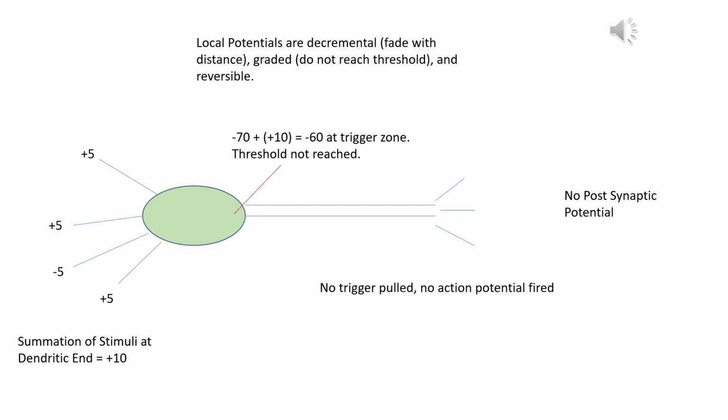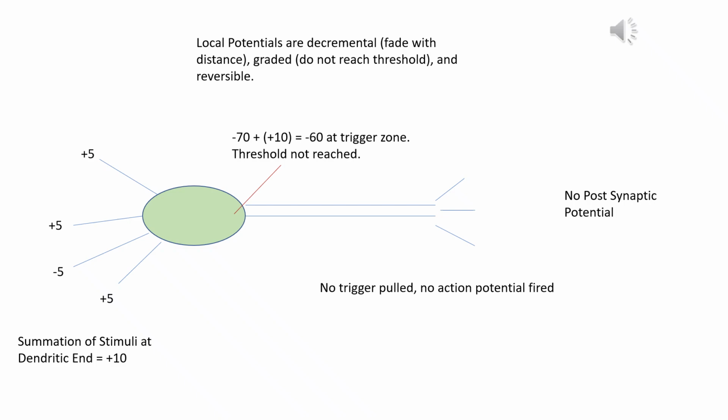But we have to summate, so let's take into account everything that's coming in to the neuron. The first one is a +5. That means sodium channels open, and our change is 5 millivolts from the -70. The next one down there also is a +5, so that brings us to 10 against a -70. The next dendrite is bringing in a hyperpolarizing stimulus.